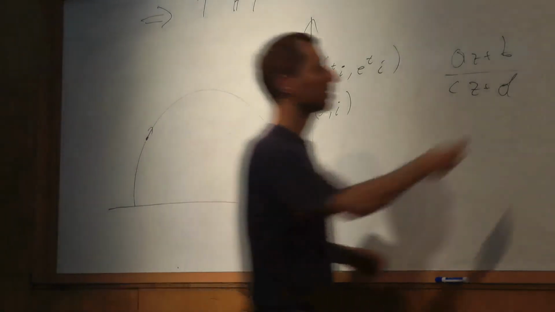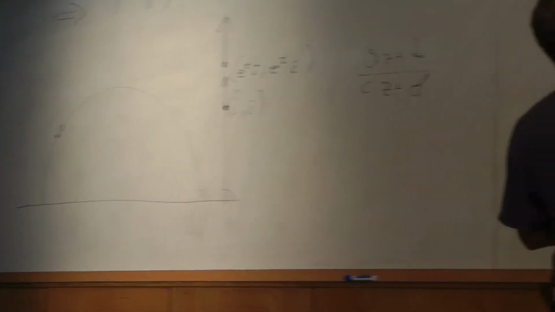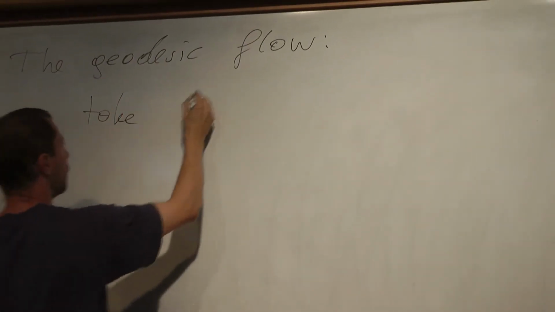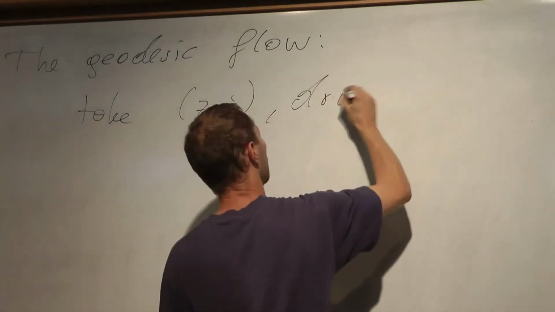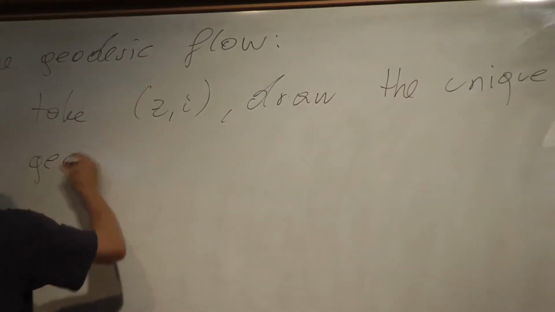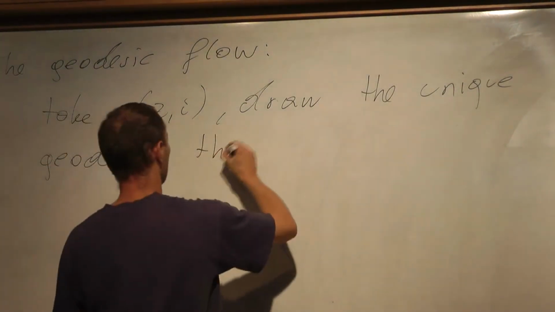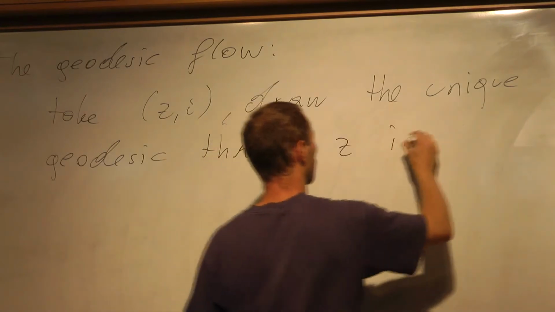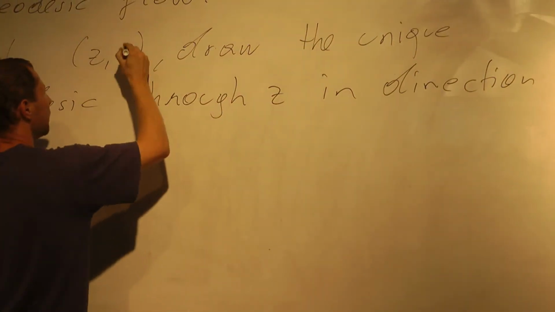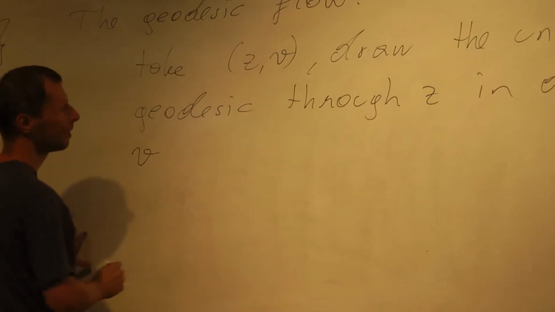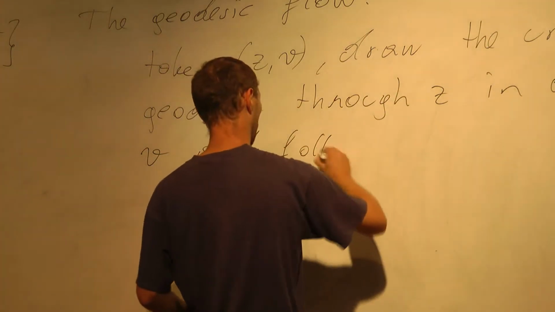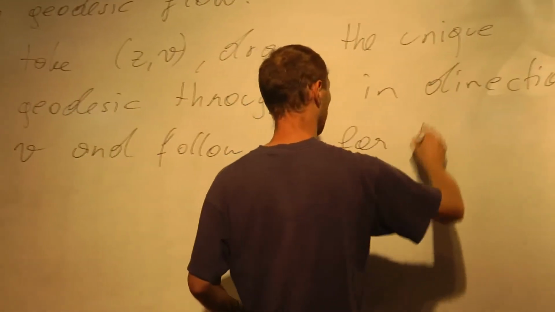And the geodesic flow is the following. What does the geodesic flow do? The geometric description is: take a point Z, draw the unique geodesic through Z in an arbitrary direction V, and follow it for time t.